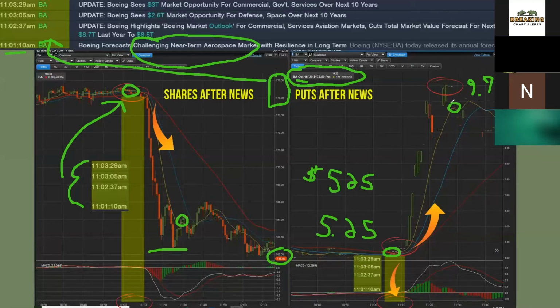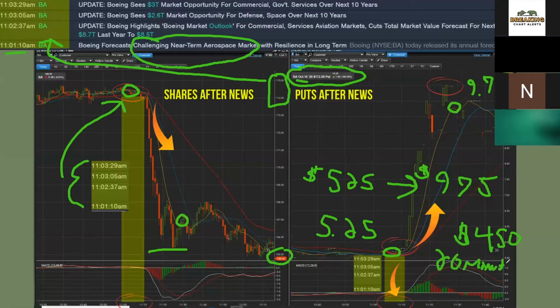About 20 minutes later, you're able to sell that put for $975. So you just turned $525 into $975. 975 minus 525, that's a $450 gain on that one trade. And that's in 20 minutes.